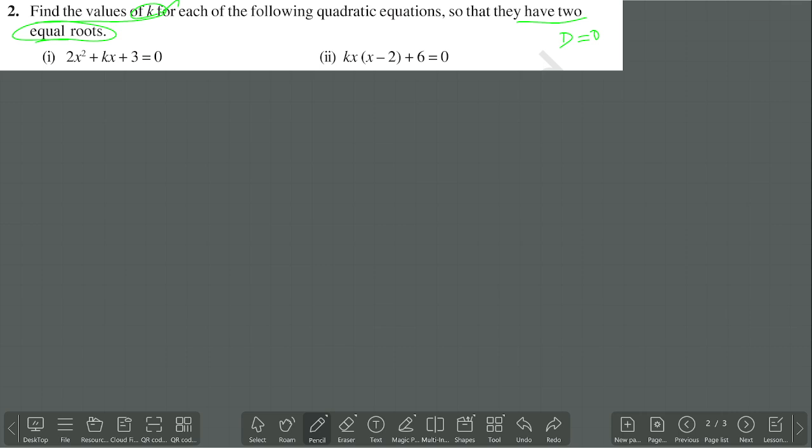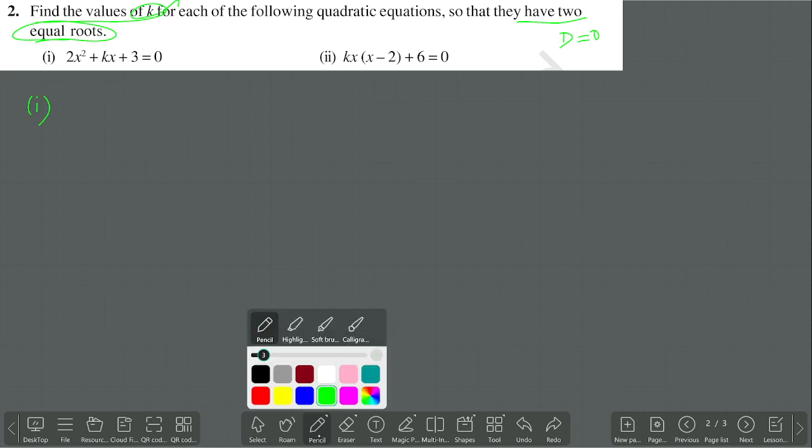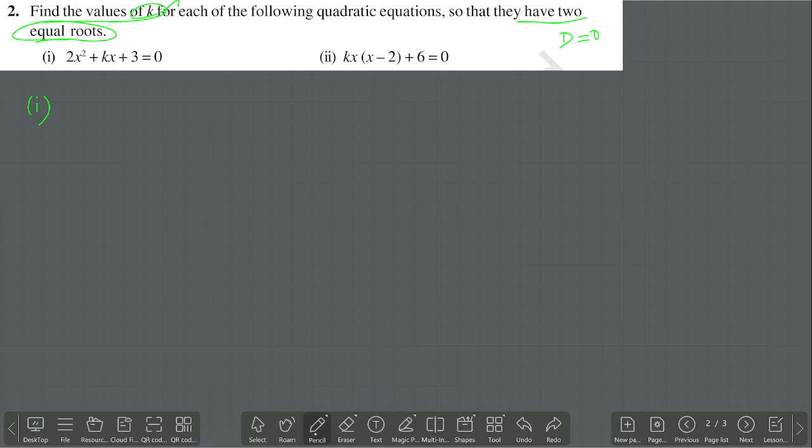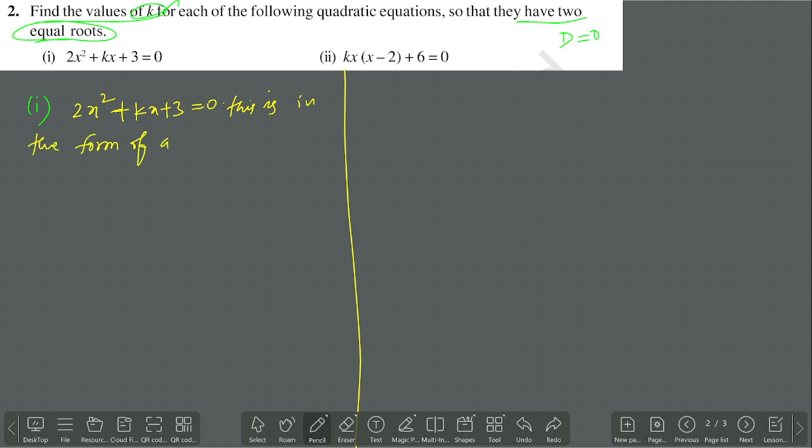Right. So if I take the first one, what do I have? 2x square plus k times x plus 3 equal to 0. As per the condition, they said what? D equal to 0, am I right? Before that, this is in the form of ax square plus bx plus c equal to 0.